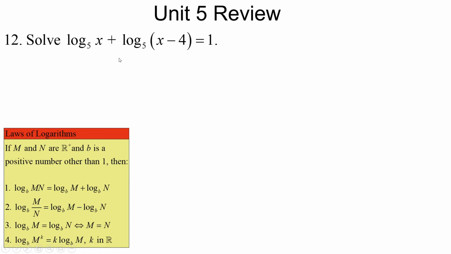Can't I write the left-hand side of this equation as the log base 5 of, and like here's my m and here's my n, I just multiply those, x times x minus 4, well x times x would be an x squared, and an x times negative 4, minus 4x. Oh, look at that now. Now with that one, log base 5 right there, I can just do definition of logarithm right now. Doesn't this mean that 5 to the first power has to equal x squared minus 4x?